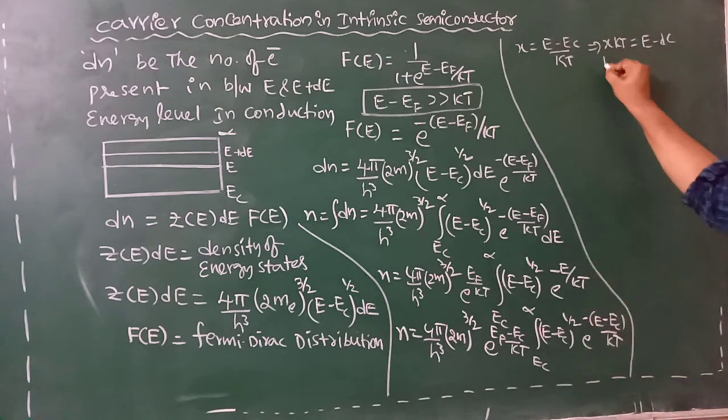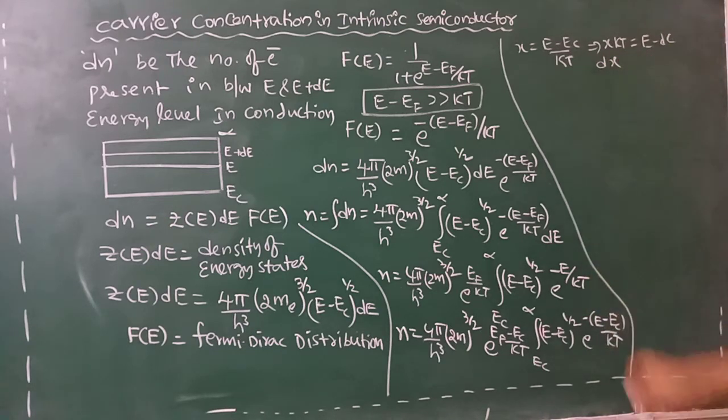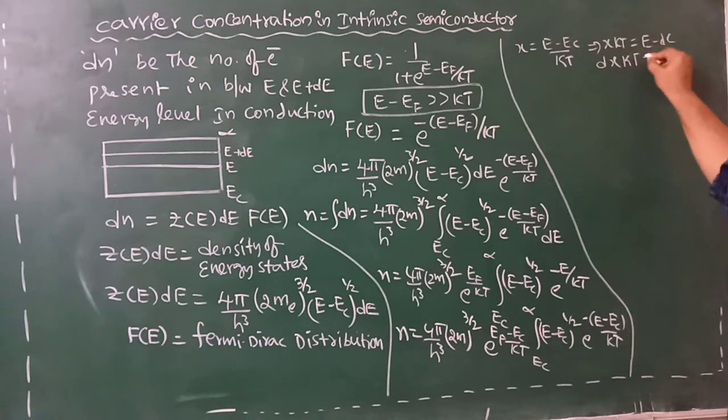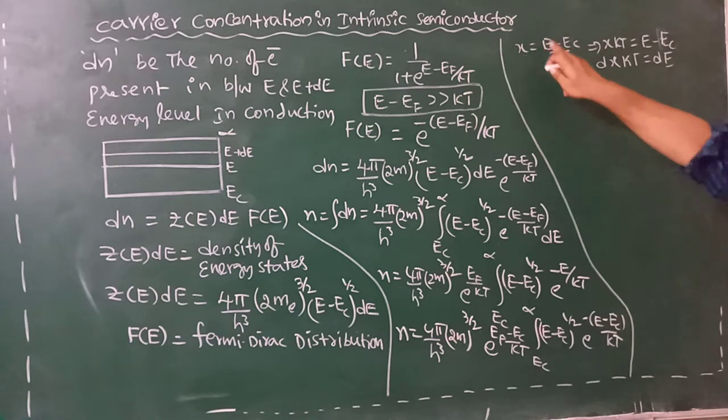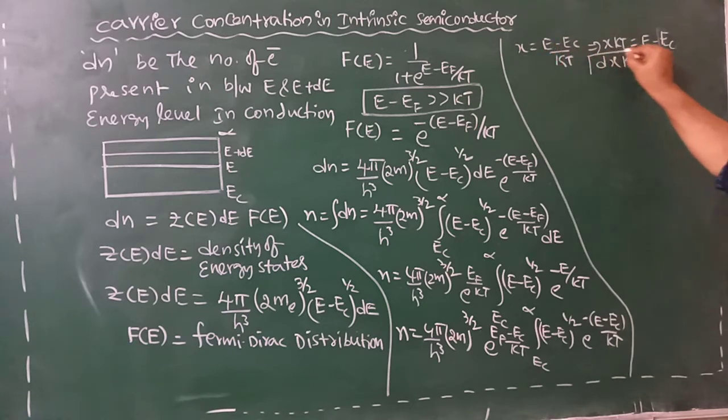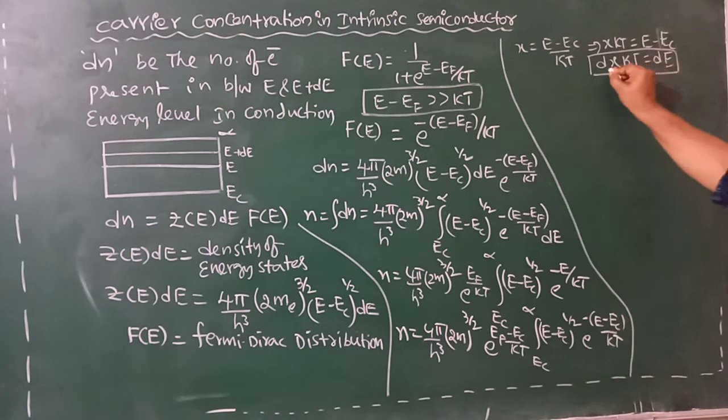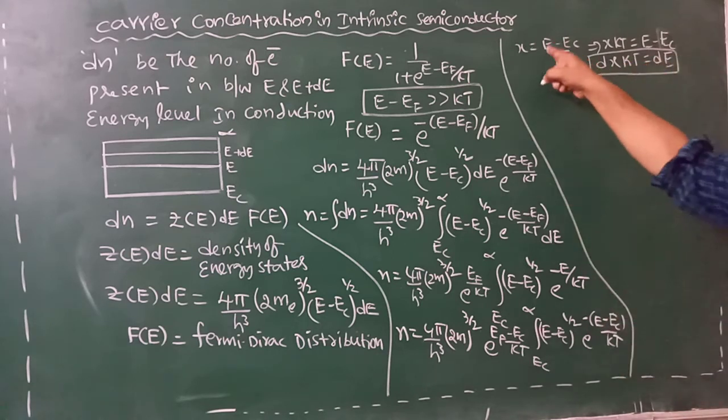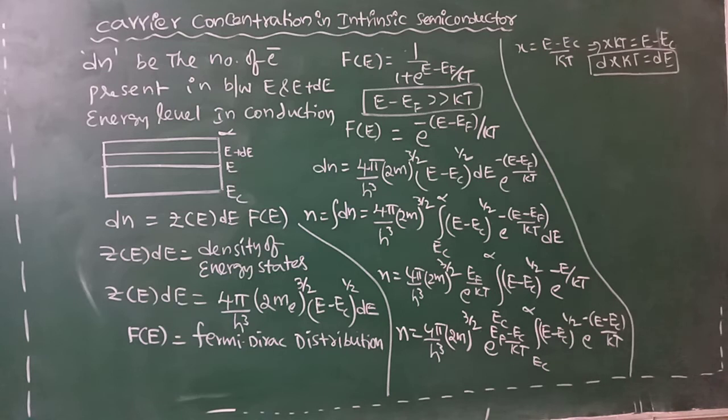Now dx kT we can write as dE, since Ec is the lower energy of the conduction band, it is a constant, so its derivative is 0. So dx kT is equal to dE. In place of dE I substitute dx kT, and in place of (E minus Ec) by kT I substitute x.